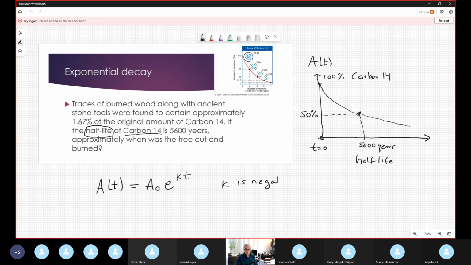If k is negative, that indicates to us that the exponential is decay, it's going down. So it's not population growth, it's exponential decay. Do you understand this? At the beginning, you don't know, okay, it's decay. But in the algebra, when you solve the algebra, it indicates it also.